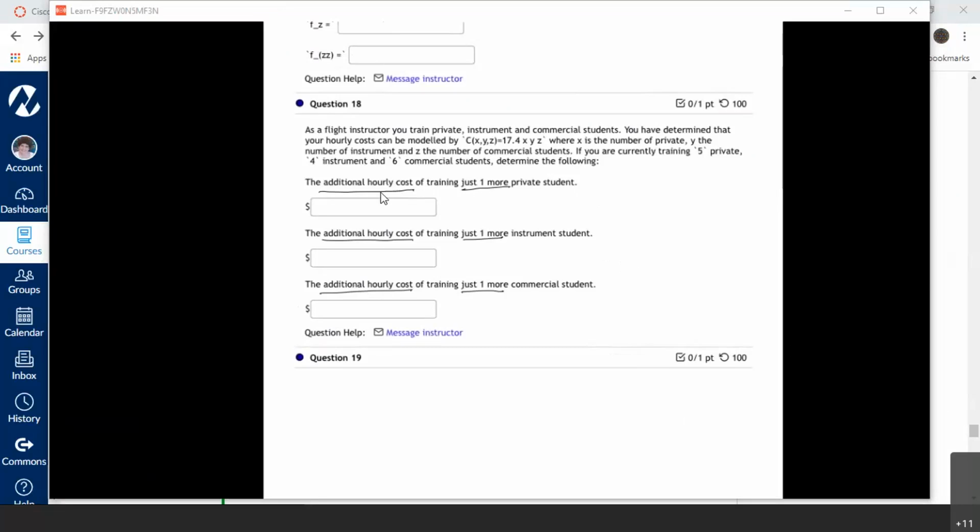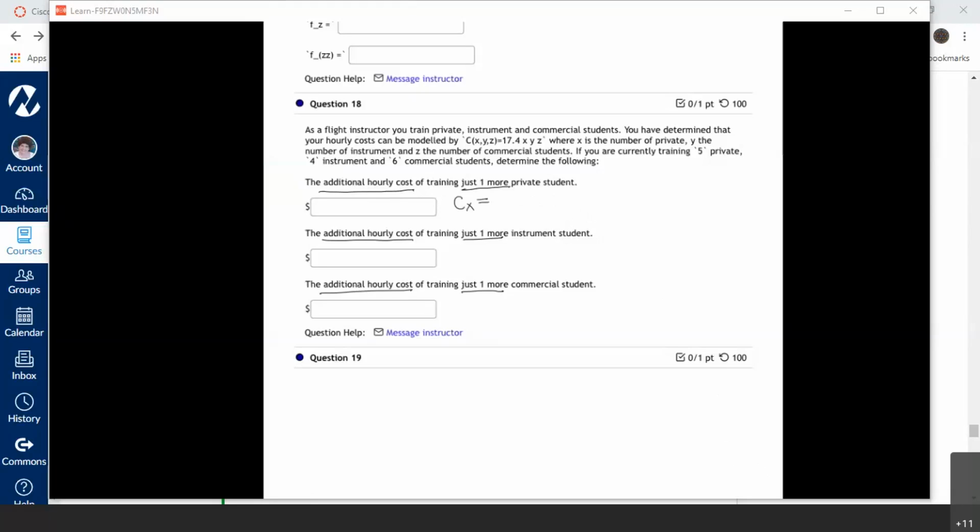Yes. Now, this additional hourly cost of one more of each type is asking you for the marginal cost. That's what marginal cost means, all right? And marginal cost means take a derivative. So in our first example, I want to take the partial derivative of cost with respect to X, which means I'm going to treat Y and Z as constants.